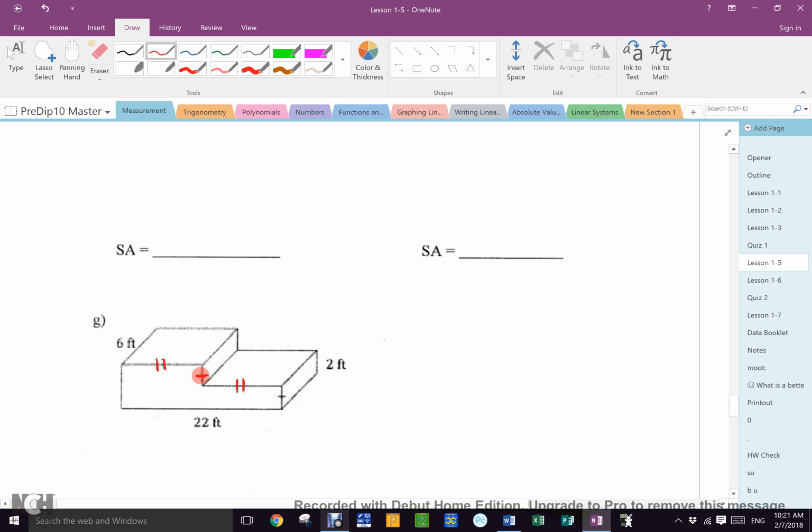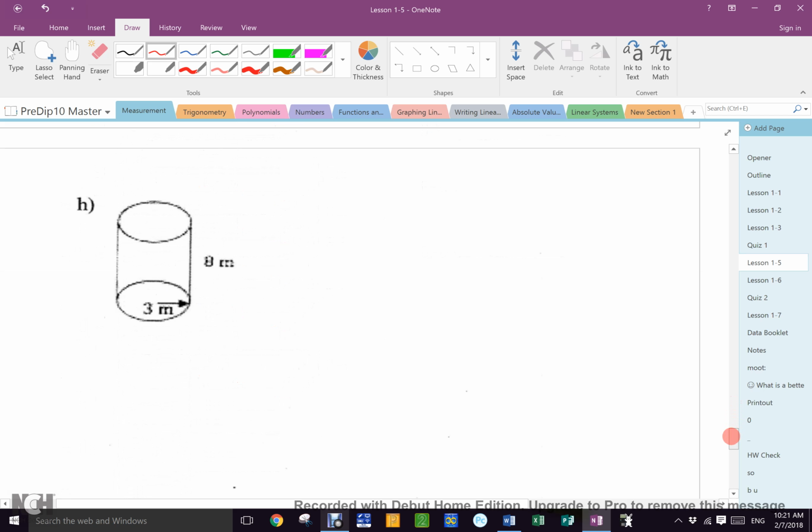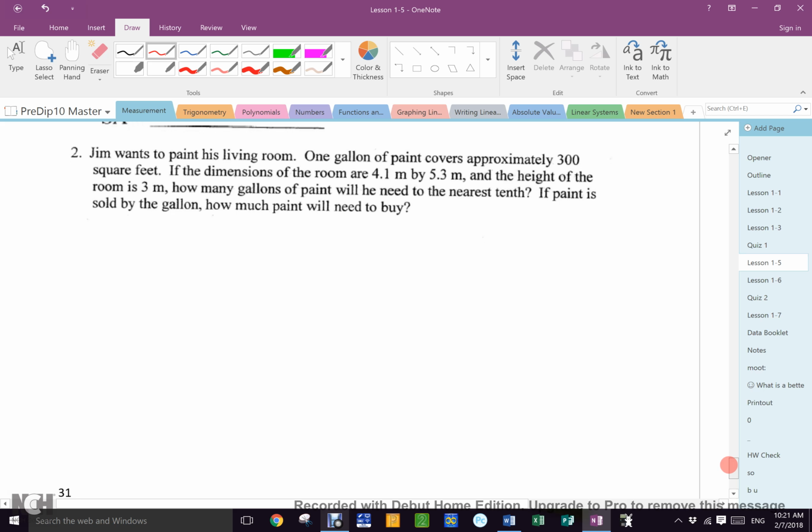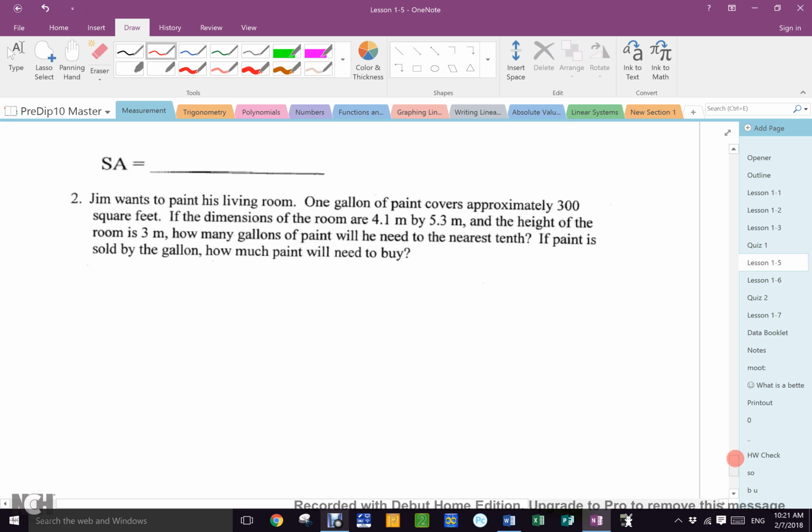And what does the one line mean? That they're the same, but they're different from this one. Okay? And I think that is all the tricks I have. When you get to the word problem, read it carefully. Okay?